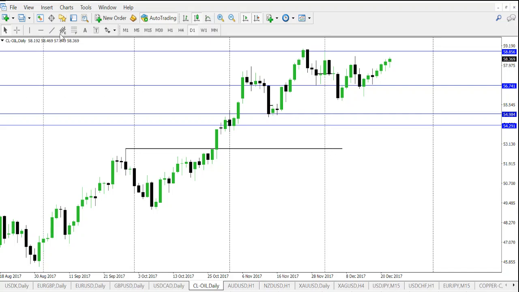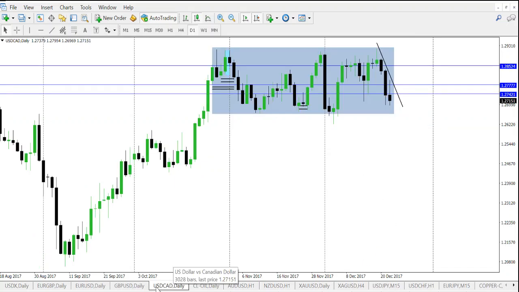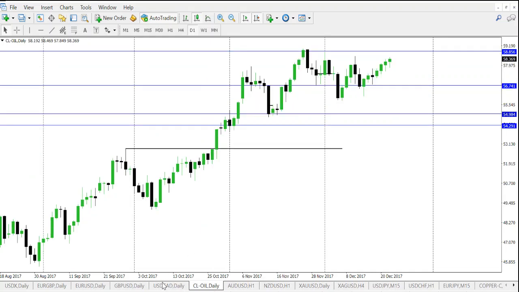You can see here, crude oil has actually been going up. And so if crude oil is going up, that means the CAD is getting stronger, which means the USDCAD pair is going to actually get weaker. So you got to watch for that. There's a couple of little tricks with trading the USDCAD that you got to watch, but it is very heavily weighted with crude oil.